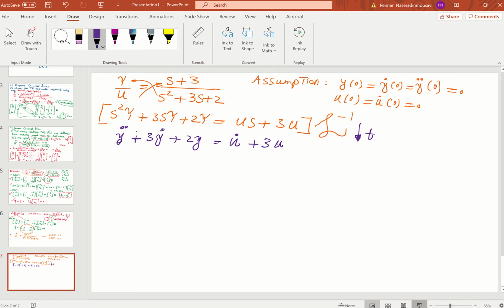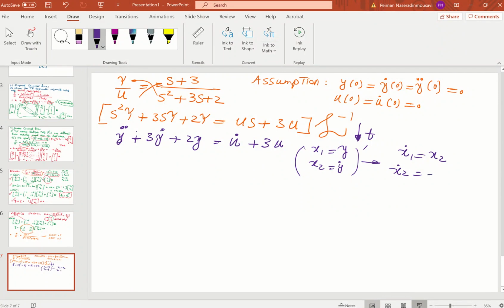Understand, guys? So now if I want to find this linear system, the state space transformation, I say that x1 is y, as I taught you in the previous class, and x2 is y dot. Remember, if I have the time derivative, you're going to have x dot 1 is equal to y dot, which is equal to x2, and x dot 2 is equal to y double dot.